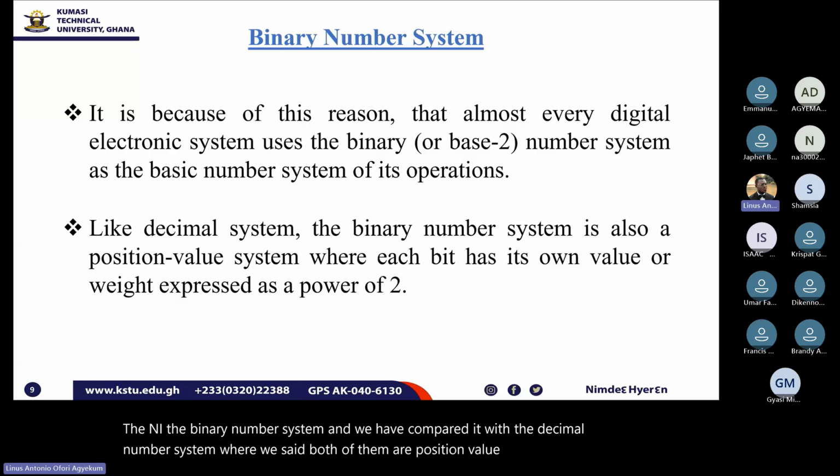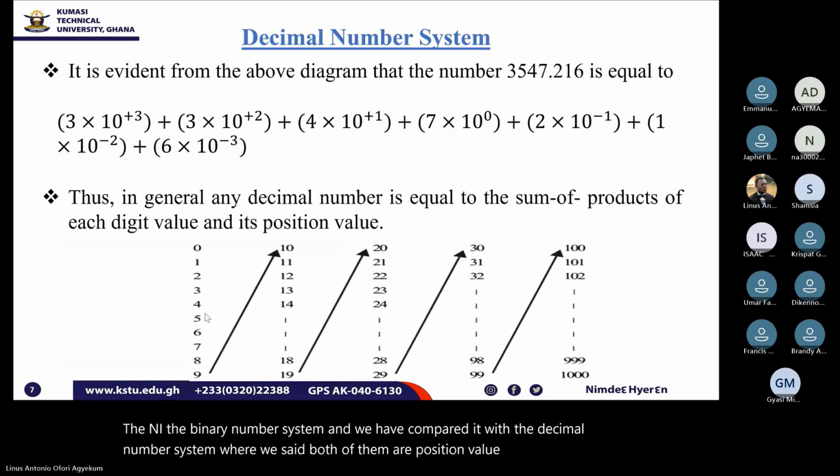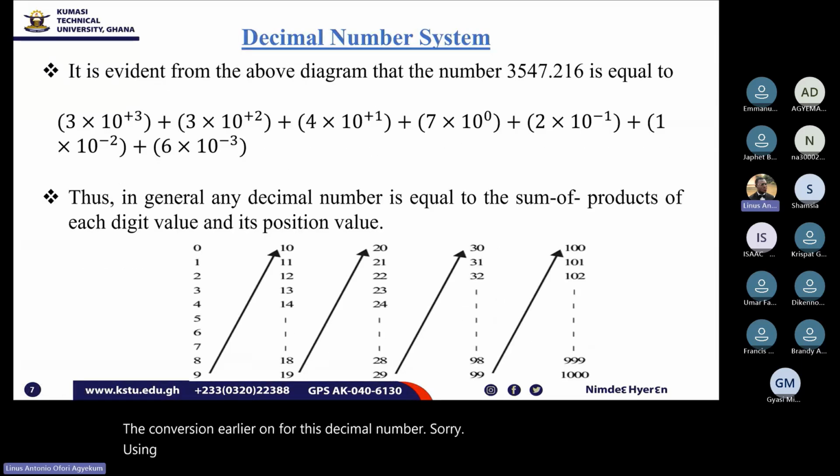When you look at how we did the conversion earlier on for this decimal number, using the position value to determine what number we have up here, which is 3547.216.